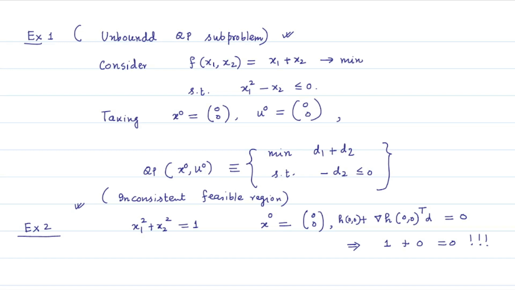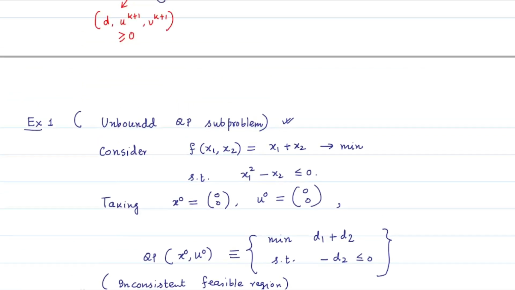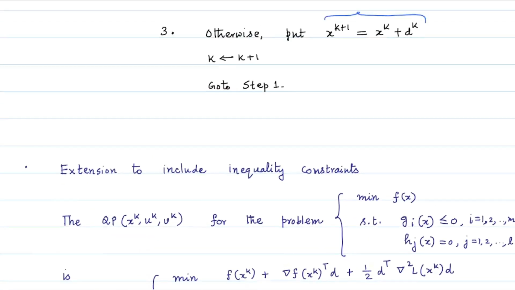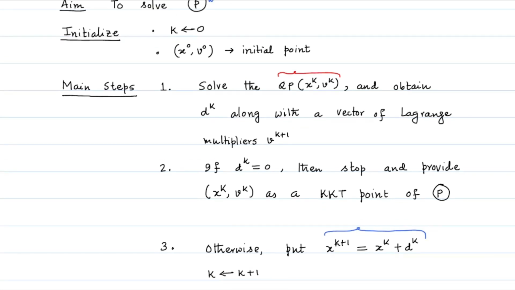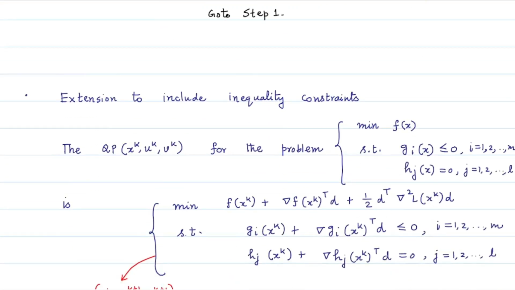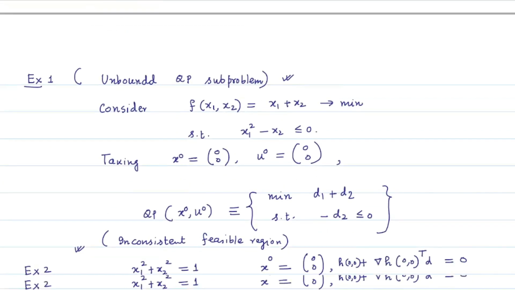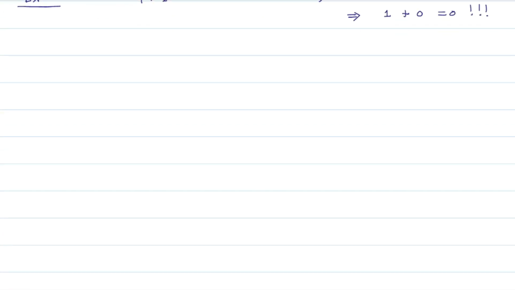Now let me consider one numerical example to execute the sequential quadratic programming approach on a constraint problem where in the constraint set we have both equality and inequality constraints. We are just going to end the lecture by executing a numerical example with the help of the sequential quadratic programming approach to solve a constraint optimization problem.